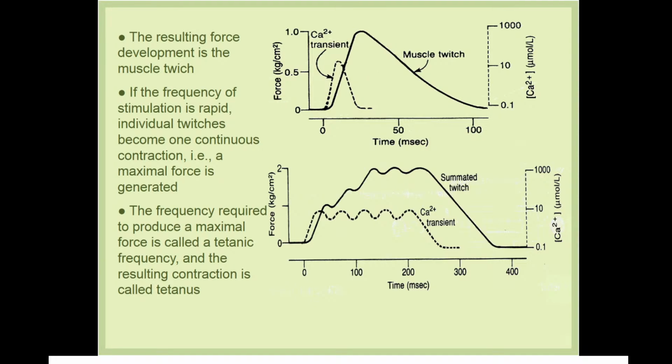If the frequency of stimulation is rapid, individual twitches become one continuous contraction. That is, a maximum force is generated. The frequency required to produce a maximal force is called a tetanic frequency, and the resulting contraction is called tetanus.